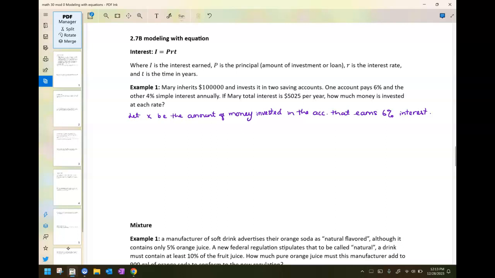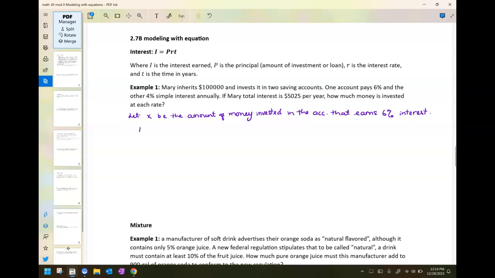So she has $100,000 in total. She invests part of that amount into the account that earns 6% interest. Then the amount of money that is left over is invested in the account that earns 4% interest.